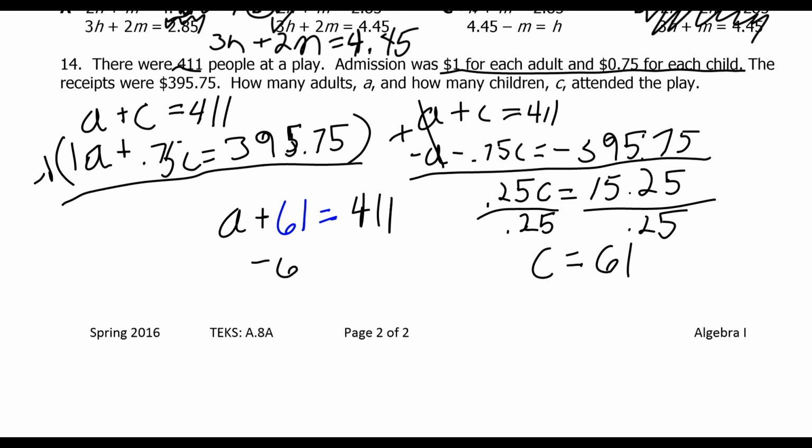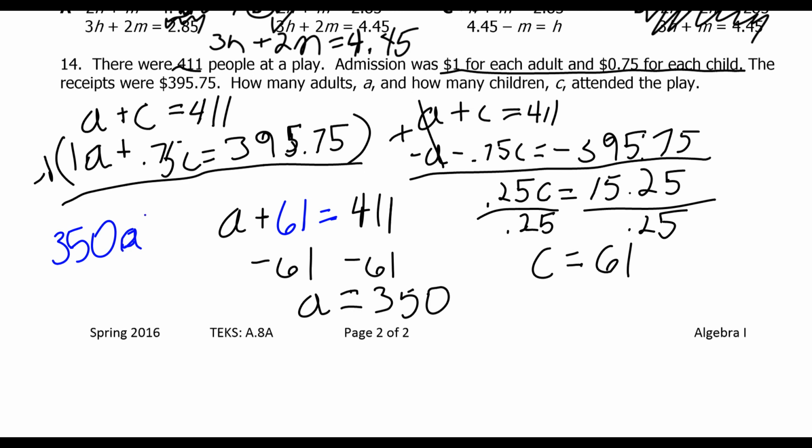Okay, so our final answer is going to be 350 adults, if I can get my pen to write correctly, and 61 children. I apologize, my pen is stopping. And there you go. So that concludes the notes for today.